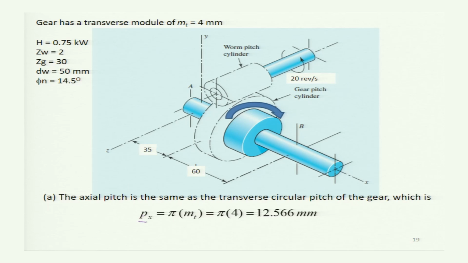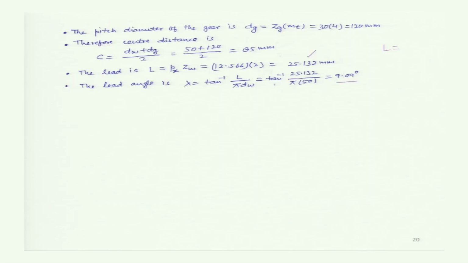The axial pitch is given by pi multiplied by the transverse module. The transverse module is 4, and so Px is given by this one. Similarly, you can find other things. The center distance C will be dW plus dG divided by 2, and so it comes as 85 mm.